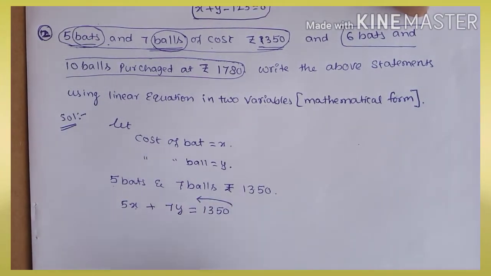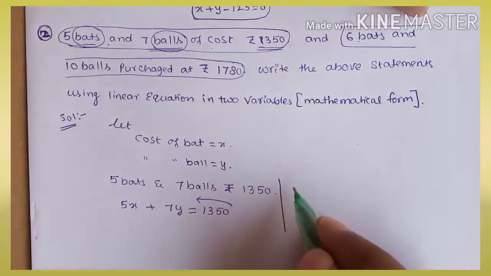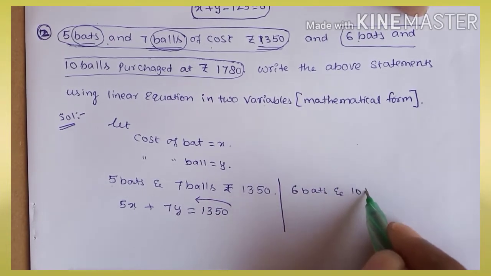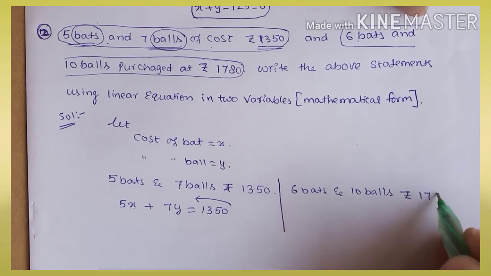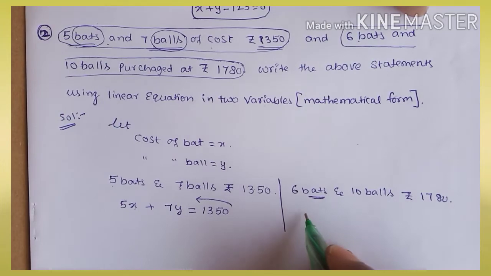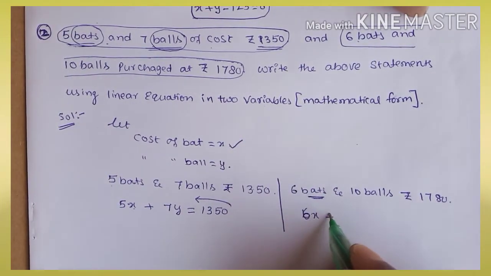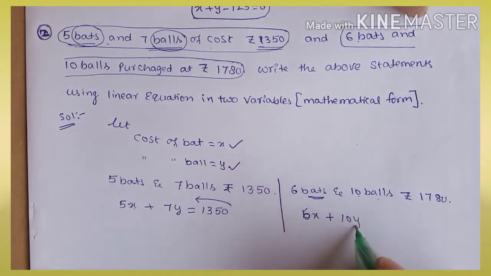Now the second condition, what is given? 6 bats and 10 balls, of rupees how much? 1780 rupees. Bat cost we have taken already as x, so 6x plus 10 ball cost y, so 10y.